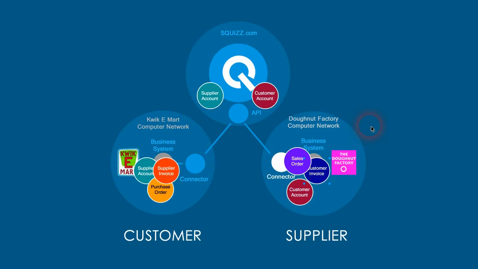So this routine helps both customers and supplying businesses to automate the trading that goes on between the 2 organizations by leveraging the Squizz.com platform's functionality and its ability to talk to both systems in order to transfer the invoicing data around.